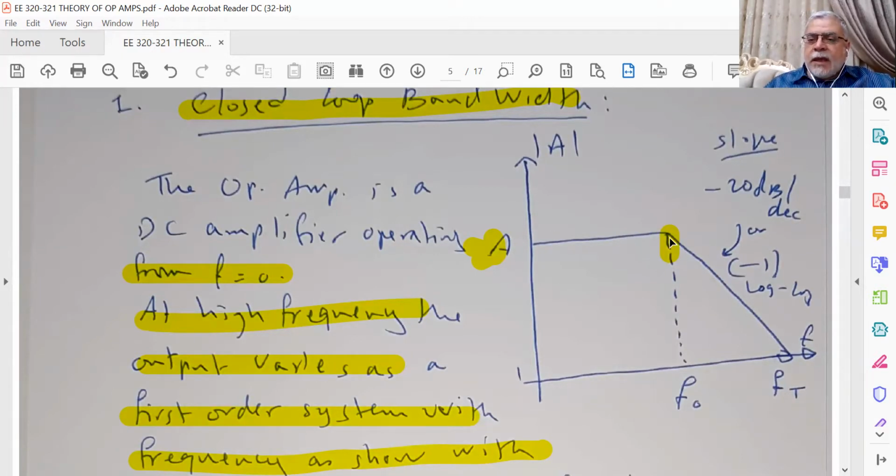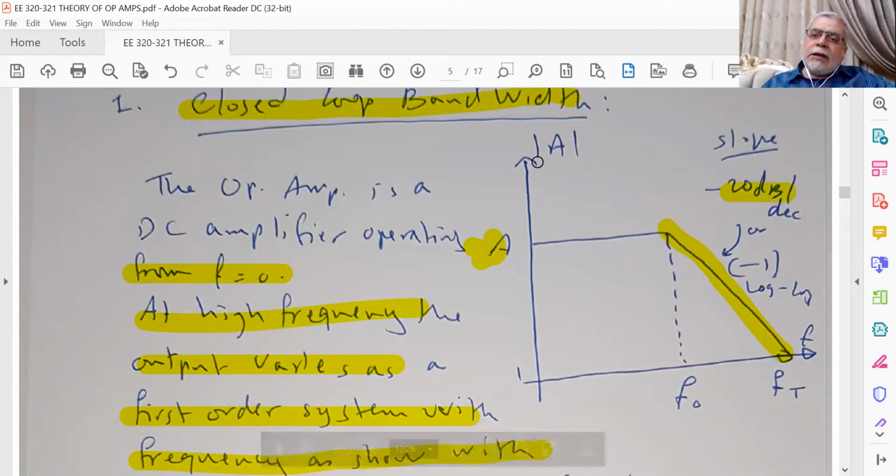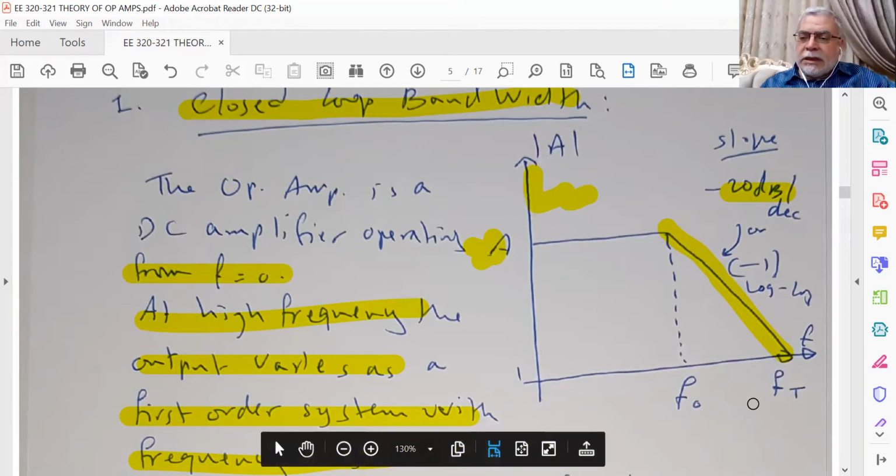Now, the operational amplifier operates as a first order system. This means that after the frequency F node, which is the cutoff frequency, the slope of the amplitude of gain with respect to the frequency is minus 20 dB per decade, if the gain is in linear scale and the frequency in log scale.